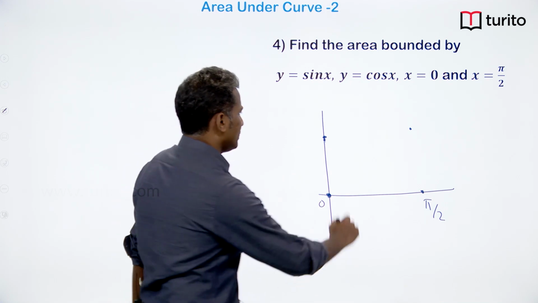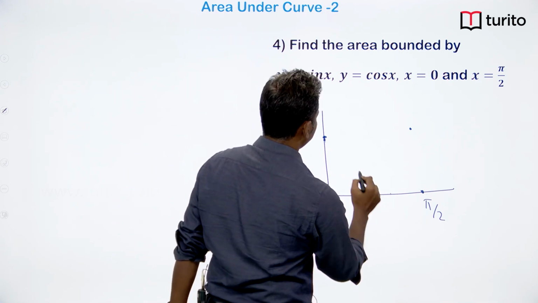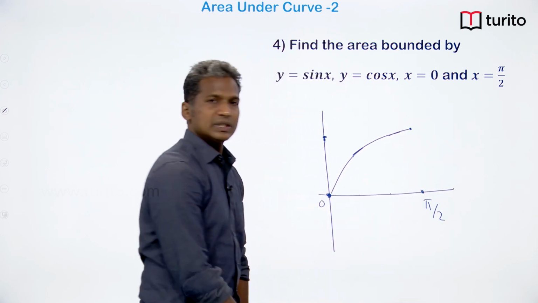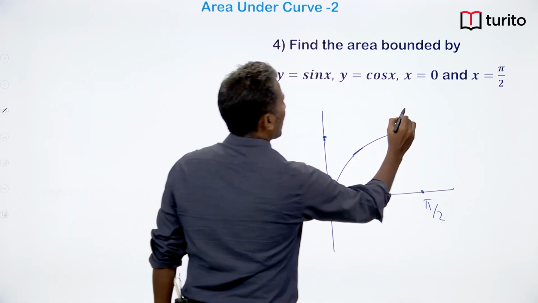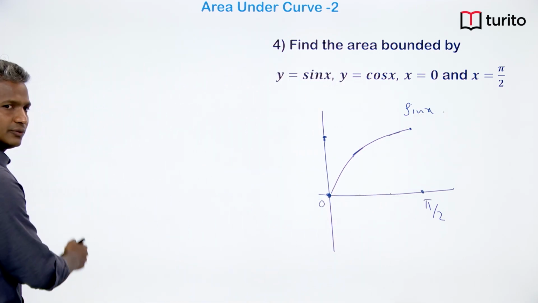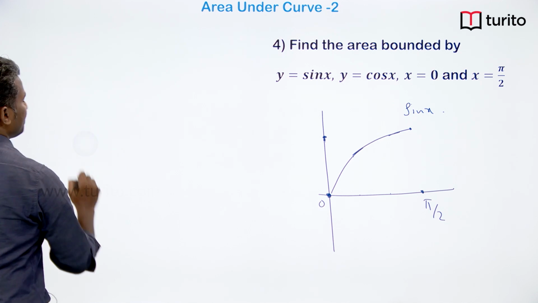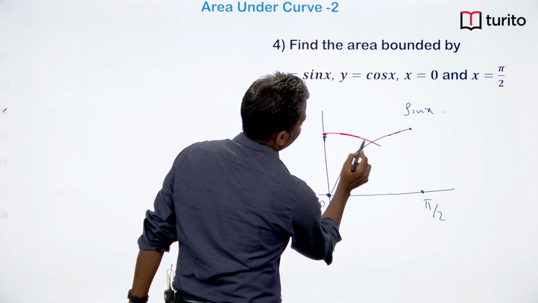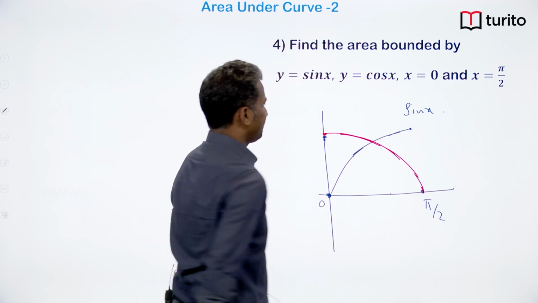So, the graph will look like this. This is the graph of sin x. Now, let me draw the graph of cos x also. So, it will start from somewhere here and it will be like this.